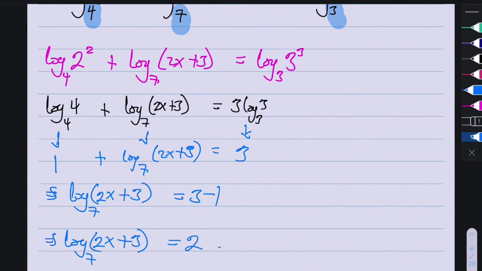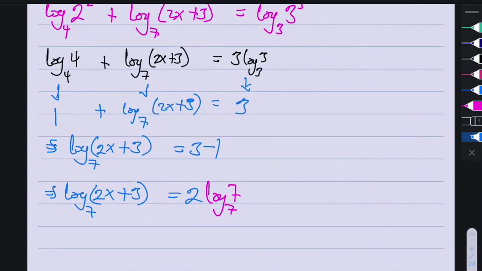Okay, now there are 2 ways to solve this. You can decide to make sure that this 2 is something to the base 7, okay? That means that you can just call it log 7 base 7. It is allowed in maths. Or if you think this is maybe too complicated, then what you can do is also write this, that 2x plus 3 is equal to 7 square, okay?